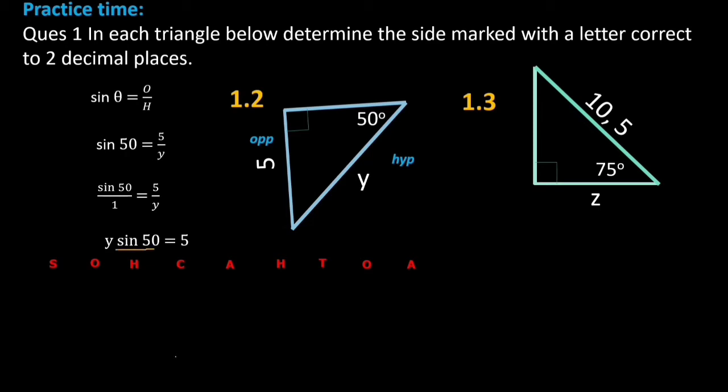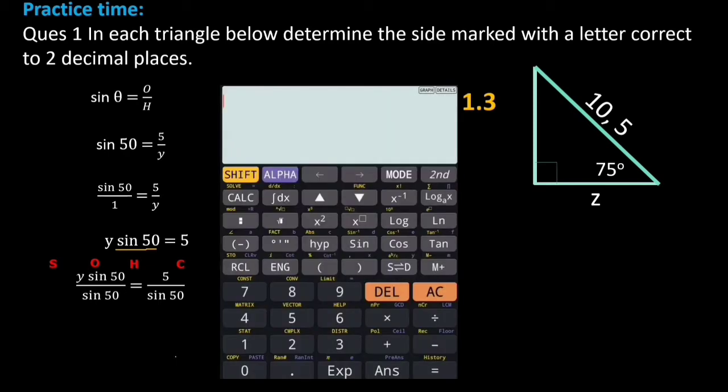So let's divide both sides by the sine of 50 degrees. So y sine 50 over sine 50 is now equal to 5 over the sine of 50 degrees. This gives us y equals 6,527, which we can round off to 6,53.